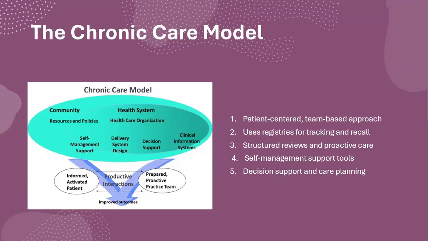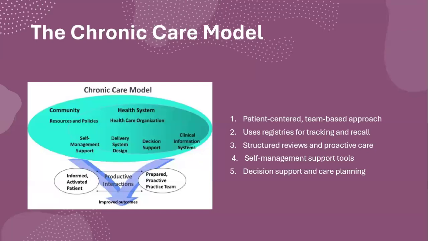So when it comes to managing a chronic disease, there should be resources and policies that are delineated, and there should be a healthcare organization, and also there should be self-management support, and there should be some delivery system design, and decision support and clinical information system, like probably an electronic system, and all these things will help an informed activated patient with a well prepared proactive practice team in the general practice setting, which helps the patient to improve their outcomes when it comes to chronic disease.